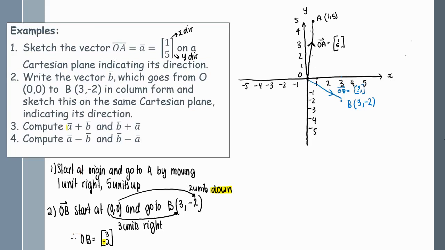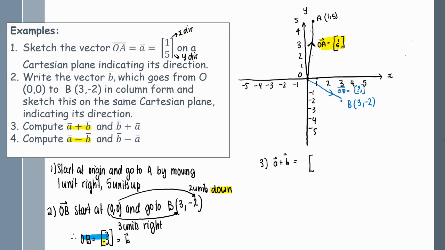We're just going to compute a plus b and a minus b. But if you want to try and compute b plus a and b minus a, see what happens. Maybe this will be the same as the first, and maybe, especially for question 4, a minus b might not be the same as b minus a.